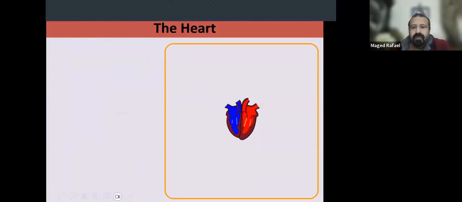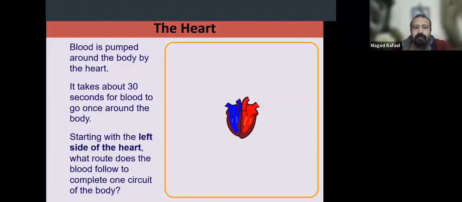So what we explained, the blood is pumped around the body by the heart, and this might take about 30 seconds for blood to go once around the body. Here in the explanation, if we started from the left side, this is the left side of the heart, what route does the blood follow to complete one circuit of the body?